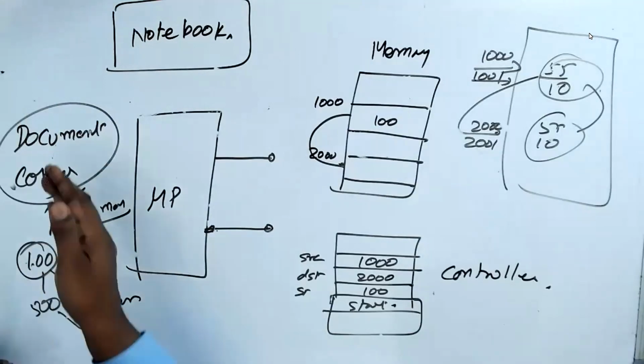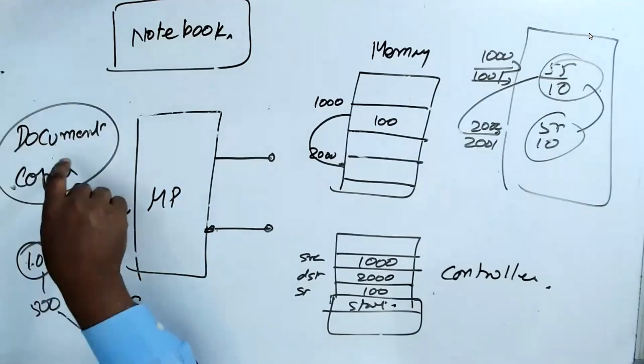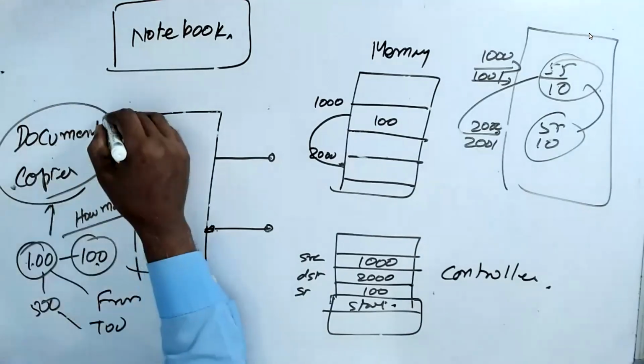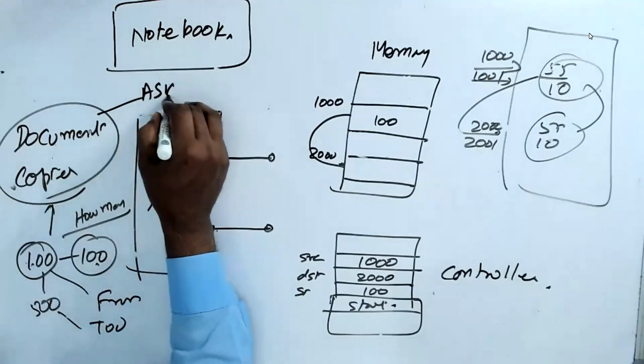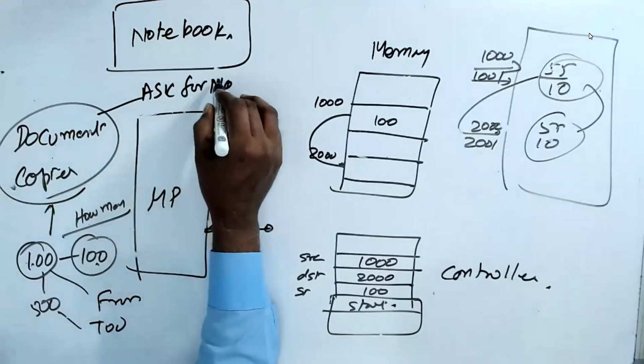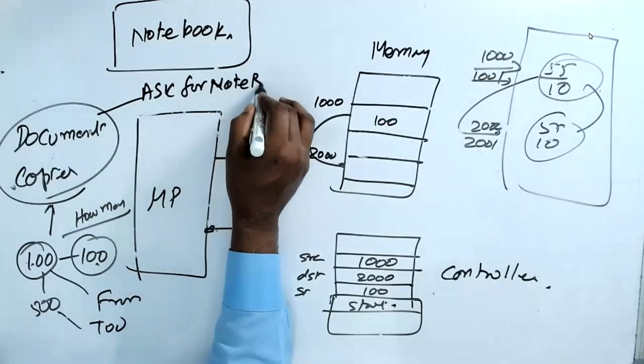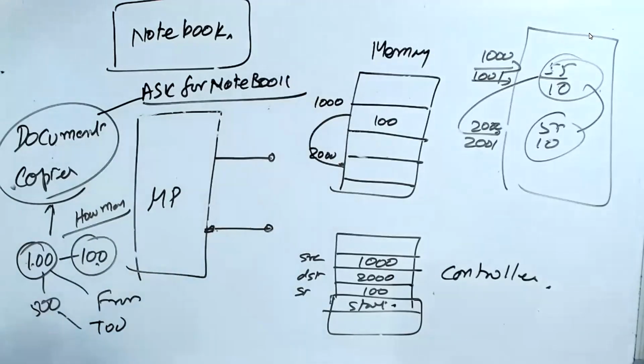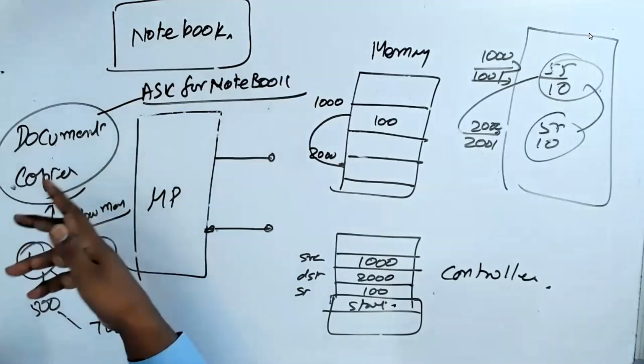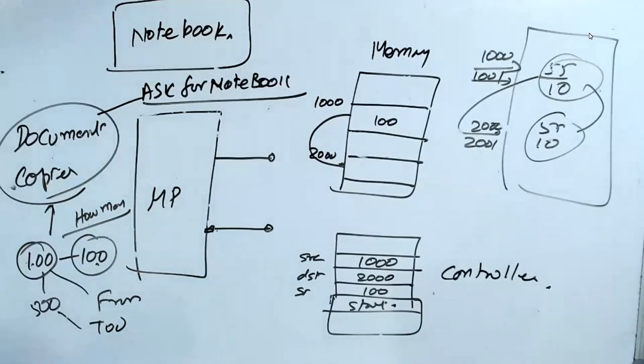He will ask me to give him the notebook. The document copier will ask for the notebook. If I don't give the notebook, he cannot copy. Am I right? Same thing here.